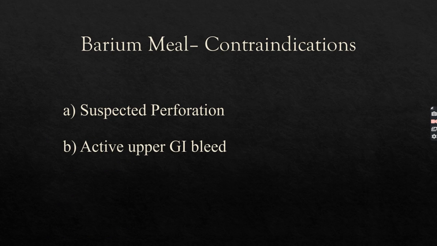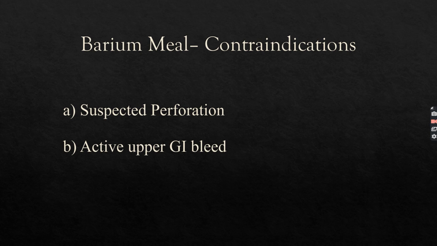We must know the contraindications also. I am just discussing only the important ones. If a patient is suffering from, or we have a suspicion of, perforation in any patient, hollow viscus perforation. Perforation especially related to either the esophagus or stomach or duodenum or proximal jejunum, the site covered by this barium meal. Don't do it.